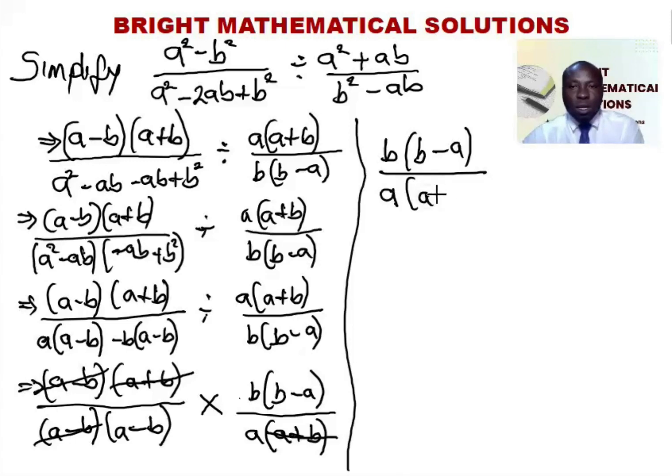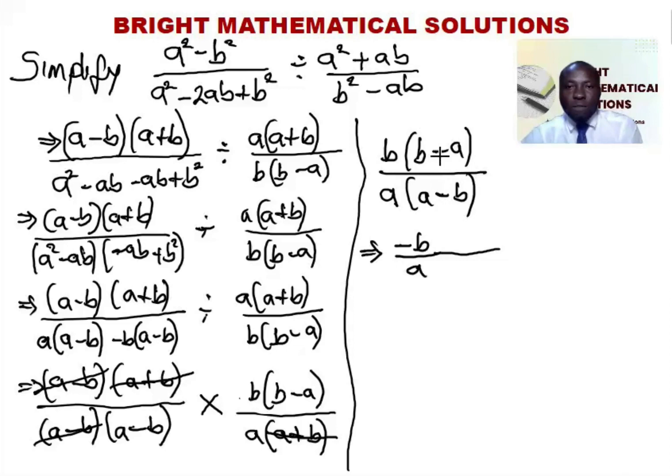But we can rewrite this expression such that if you factor out negative from this numerator, this a will become positive and this b will become negative, such that this expression now becomes minus b over a.